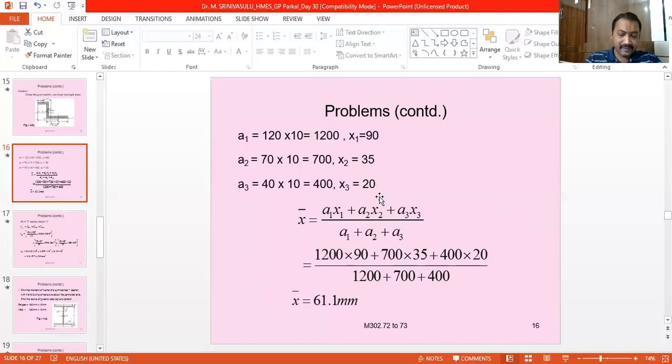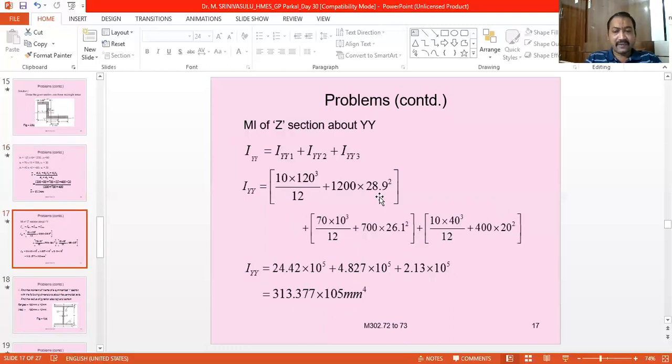Like this we have to find hx1, hx2, and hx3. By substituting these values we got the answer. So this is the value of Iyy for the given non-symmetrical Z section.